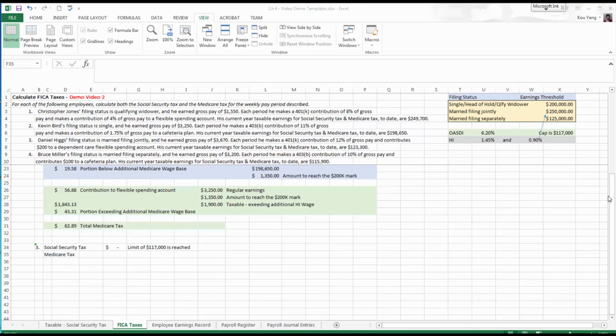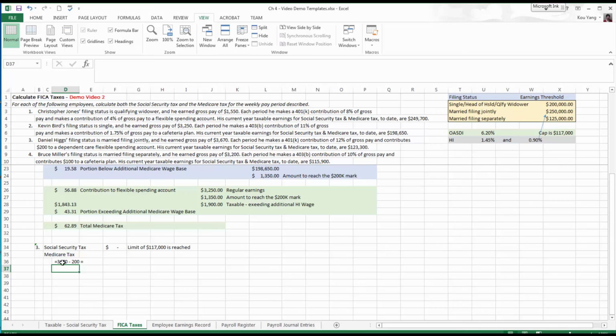For his Medicare, the calculation would be basically taking his $3,670 of gross pay, subtract the $200 that he contributes to an independent care account.